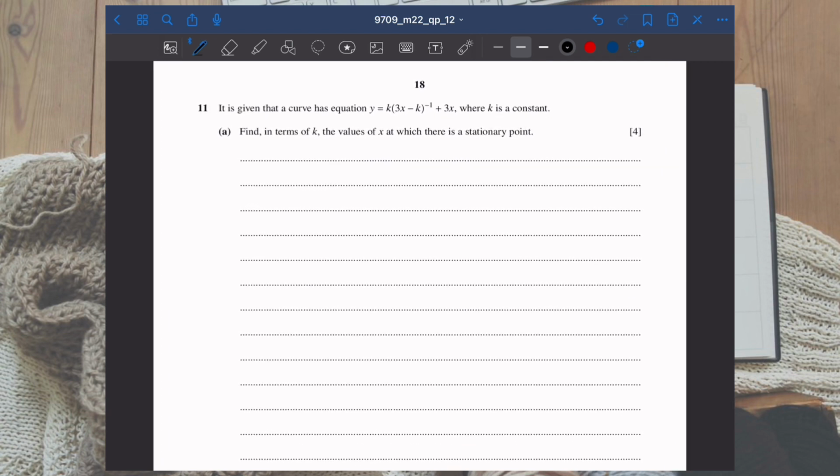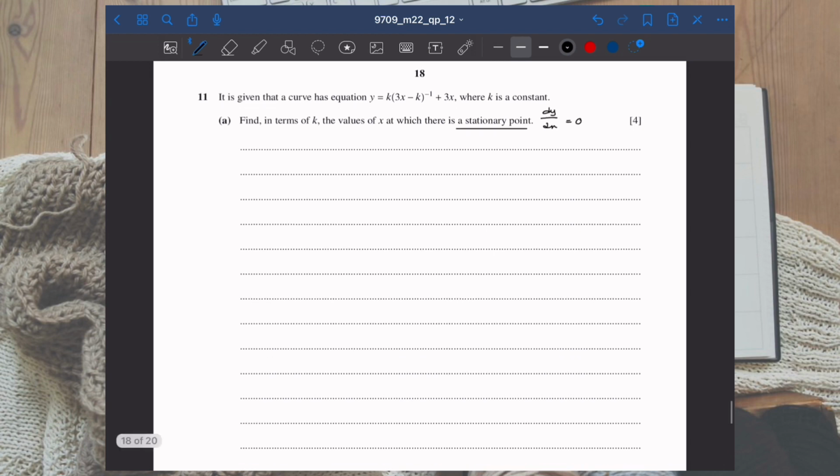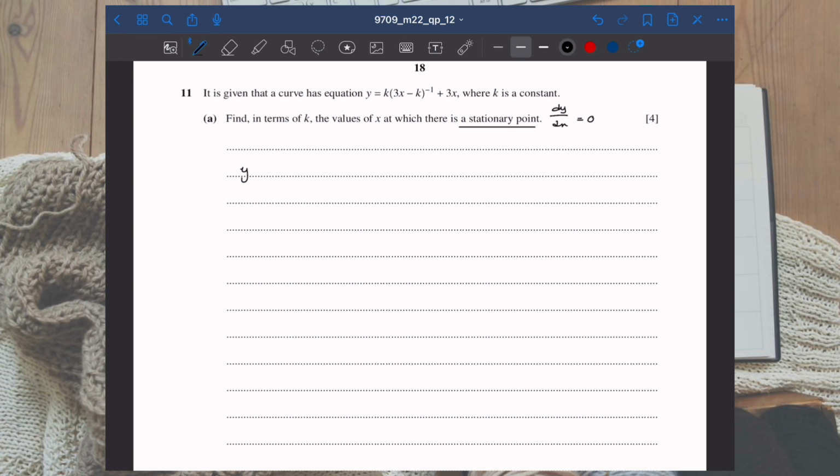So to find the values of x where there is a stationary point, dy dx must equal 0. So first we need to differentiate y. So dy dx will equal k times negative 1 times 3, which is the differentiation inside the bracket, times 3x minus k power negative 1 minus 1, which is negative 2.